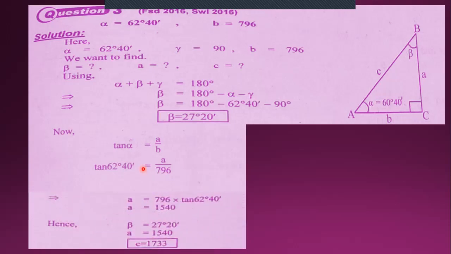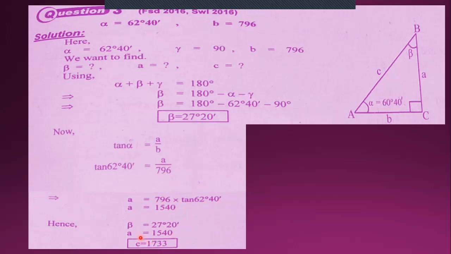Here A is in the numerator, so it will remain in the numerator, and the 796 would be multiplied to this, and you will do a one step calculation using the calculator. You don't need to find separately and then multiply. So A equal to 1540.